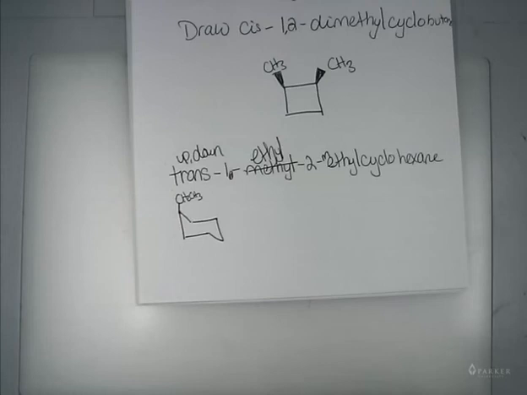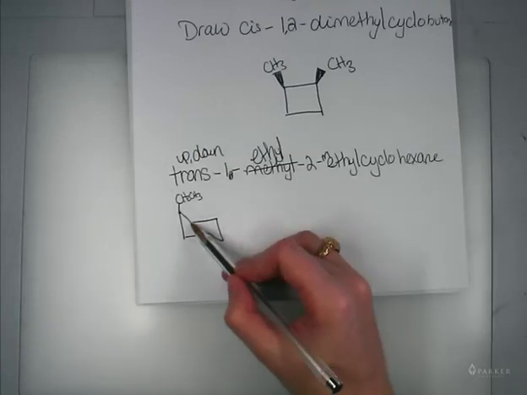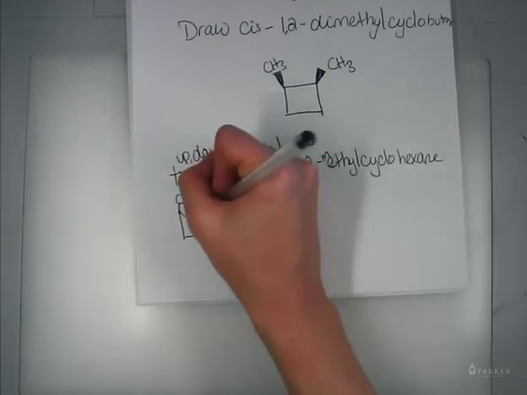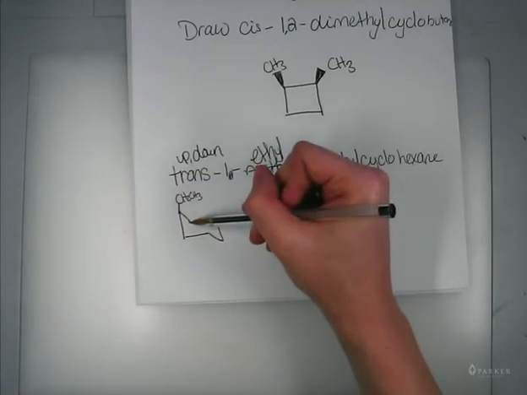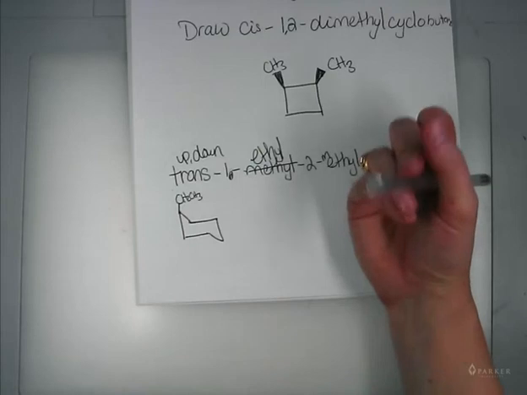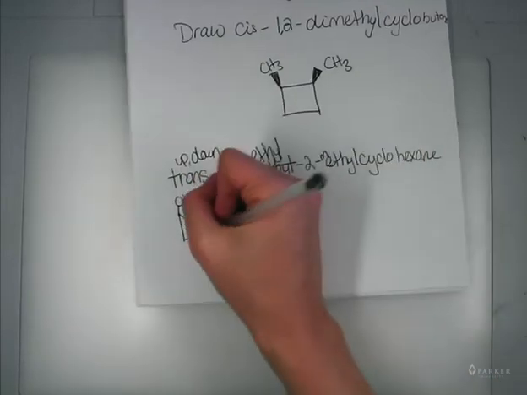So it's up, axial. So then this one going to carbon 2, because it's trans, if this one's going up, this one has to go down. And down at that position, is that axial or equatorial? Axial.